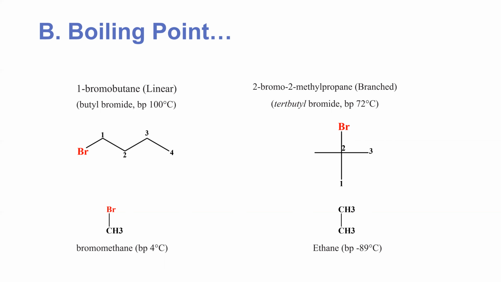When you go for these bromomethanes or the alkyl halides, here you can see ethane and its comparable structure, bromomethane. So what is the difference between the boiling points? Ethane's boiling point is minus 89 Celsius, and bromomethane has 4 degrees C.